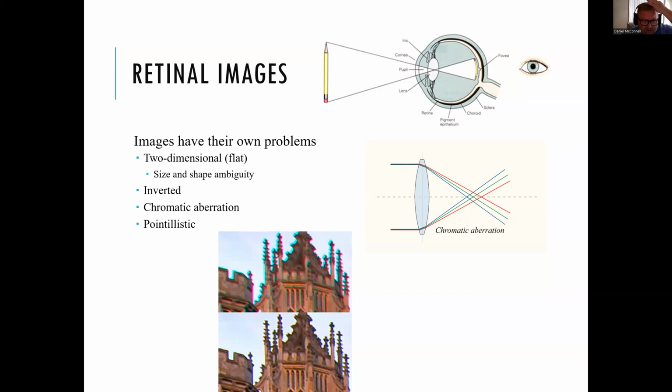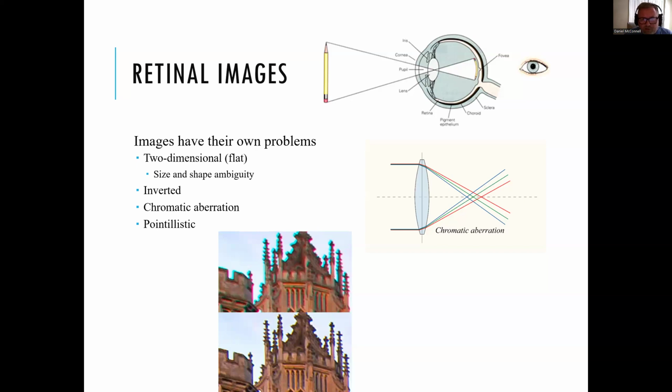Chromatic aberration. So when the lens refracts the light rays coming from our pencil here, the magnitude of that refraction, that is the degree to which the light ray is bent so that it can be focused properly on the retina, is a function of the wavelength of the light. So the medium of a lens interacts a little bit with different wavelengths in different ways.